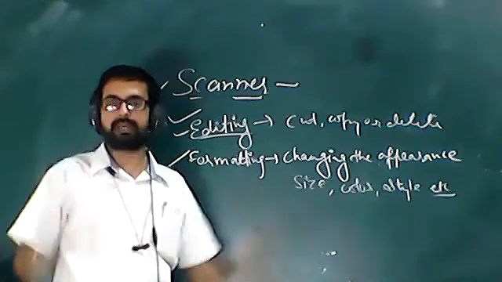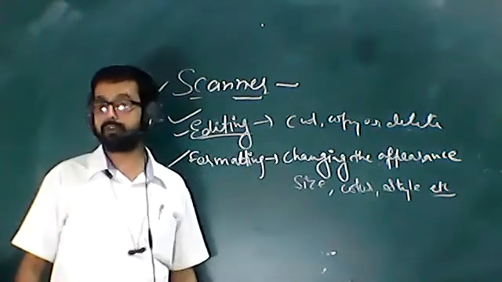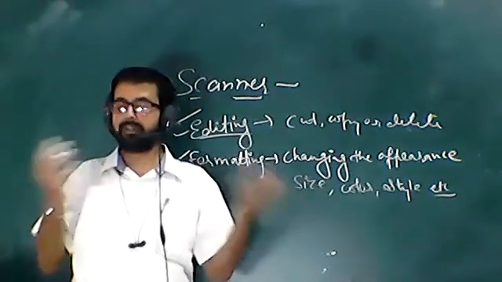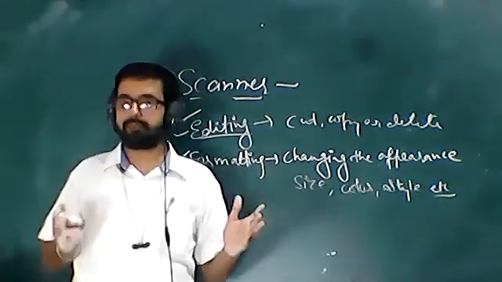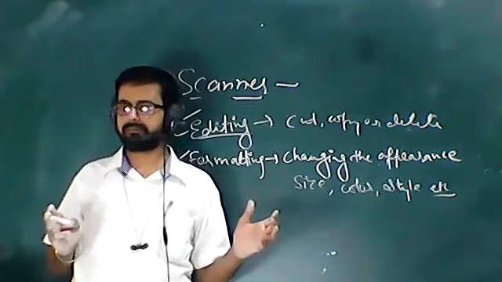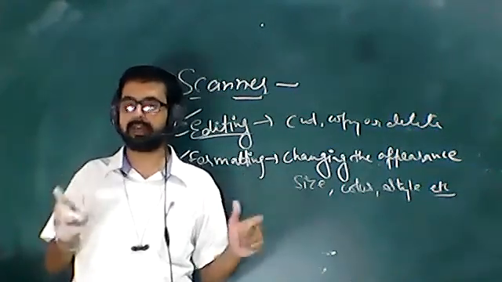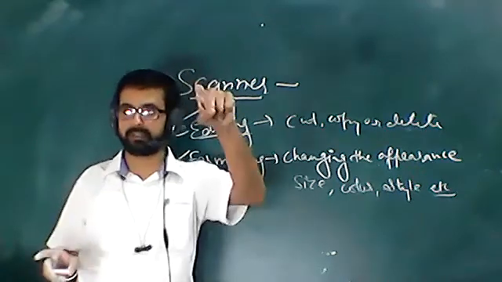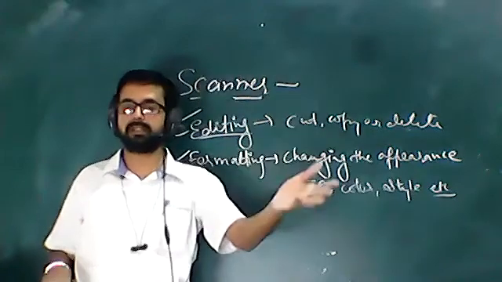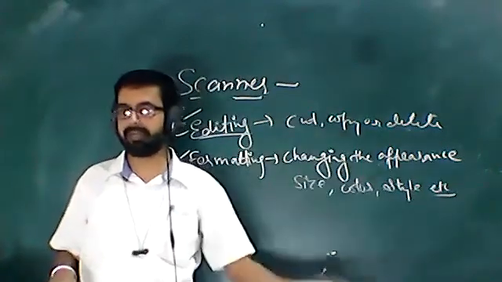You can take the example of your photograph. Suppose that you want a passport size photograph. For that, a photographer just scans your image into the computer system. And then after he performs all the formatting and all the editing.